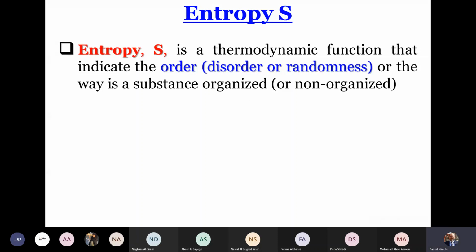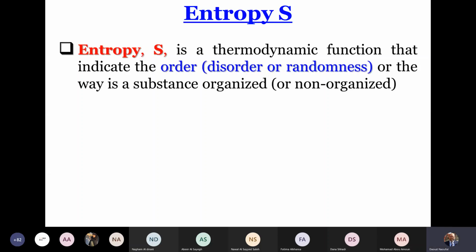Consider ourselves. I can say I am organized in my life. Another student says I am not organized in my life. These two statements are related to the entropy of the person.